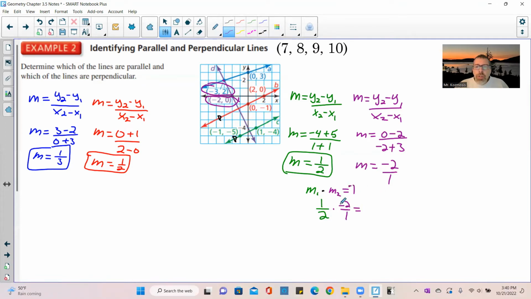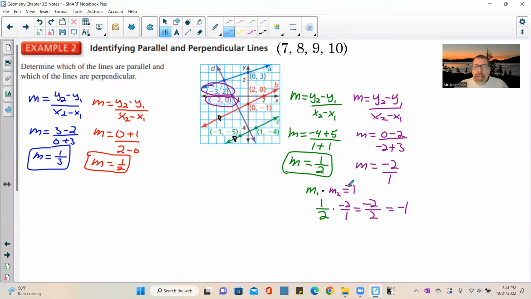When I multiply those, 1 times -2 is -2, 2 times 1 is 2, and a negative divided by a positive is negative, and -2 divided by 2 is -1.